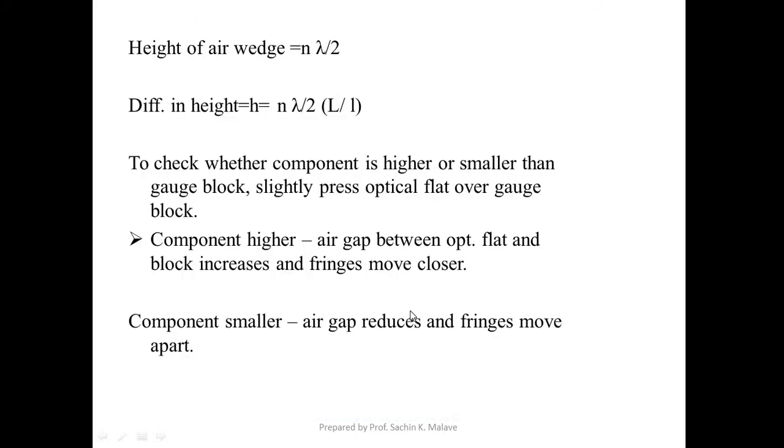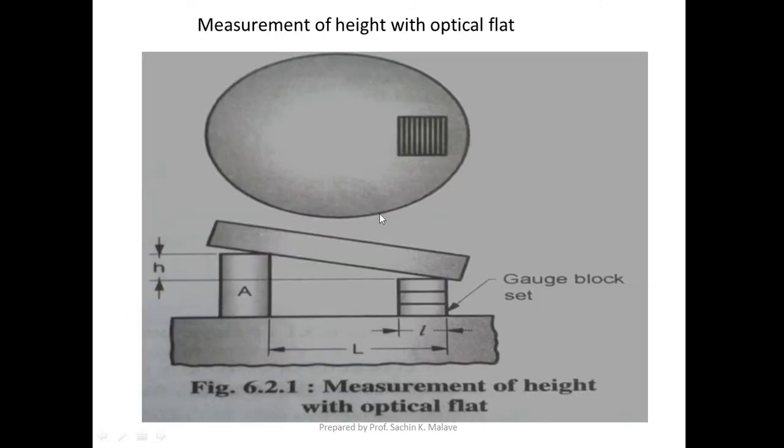So the difference in height h is equal to n into lambda by 2 into capital L divided by small l. So what is capital L? This is the capital L, this is the small l. Because of the similar triangles, if the fringes formed over small l are n, then the fringes formed over the distance capital L will be in the same proportion.